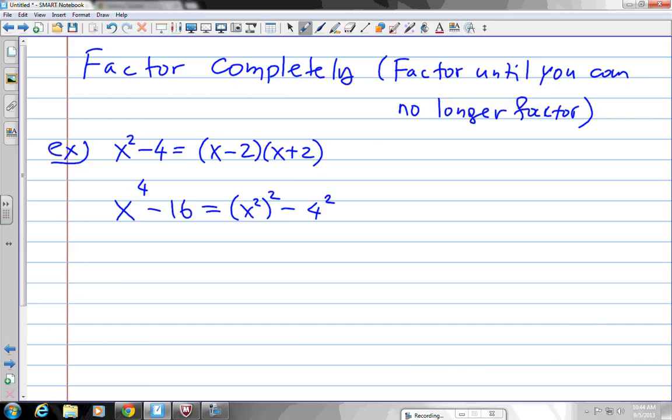So x squared is playing the role of a in my formula, and 4 is playing the role of b in my formula. So I can split it up using the difference of squares formula to write it as x squared minus 4, x squared plus 4. Same as before. A minus b, a plus b.